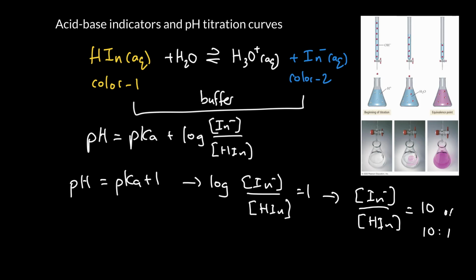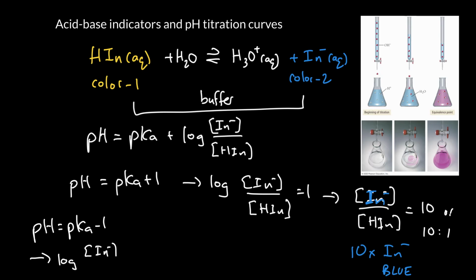Now, given that the In- form is blue, if you've got 10 times more of the blue form than the yellow form, the whole solution is going to look blue. Now if you've got your pH 1 unit below your pKa, so if the pH is pKa minus 1, that's going to imply the log of that ratio is minus 1.